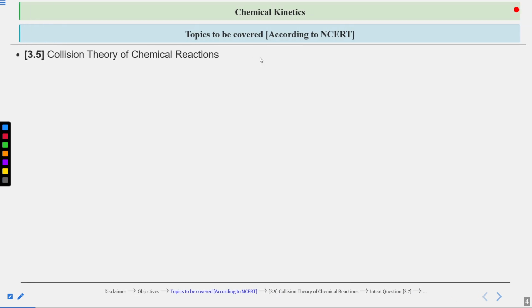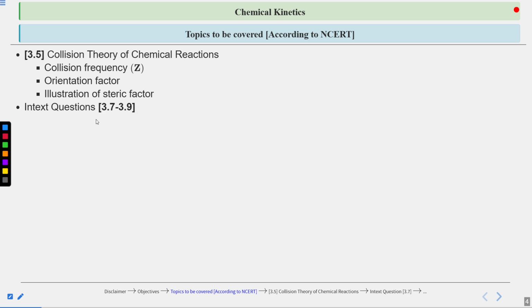The topics we are going to cover today according to the NCERT: the first one is section 3.5, collision theory of chemical reactions. In this we will talk about the collision frequency, represented by capital Z, then the orientation factor, then an illustration of the steric factor.